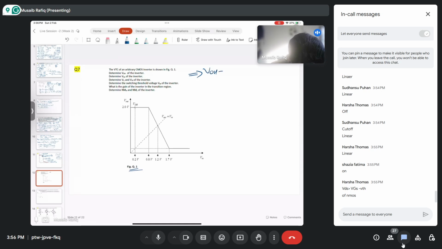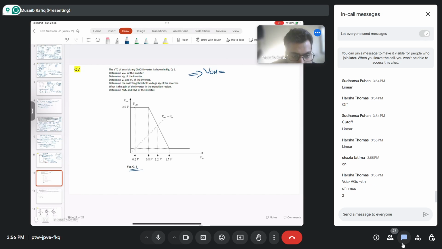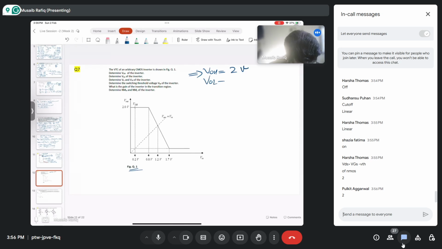Tell me what is the VOH equal to? Correct, 2 volts. What is VOL equal to? Anyone?